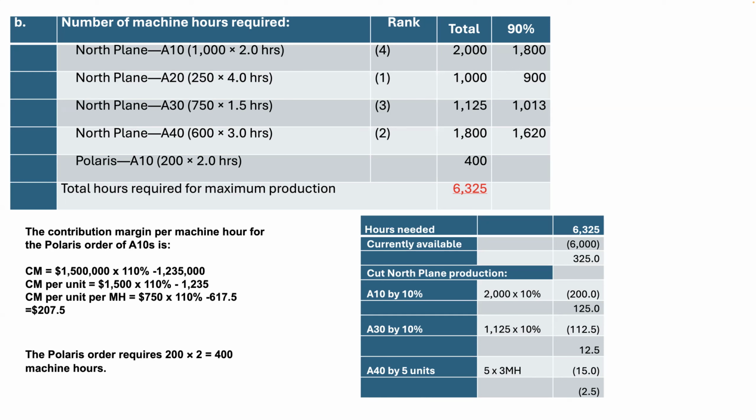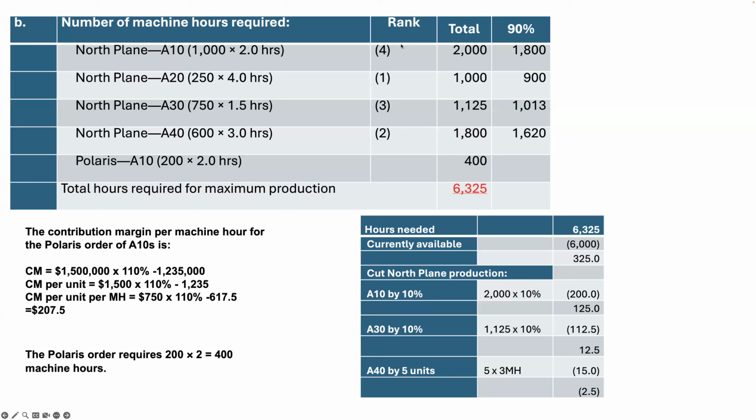For A10, 2,000 hours, if you cut 10%, you cut 200 hours. So of the 325, you release 200 hours by cutting A10. You still need an additional 125 hours.